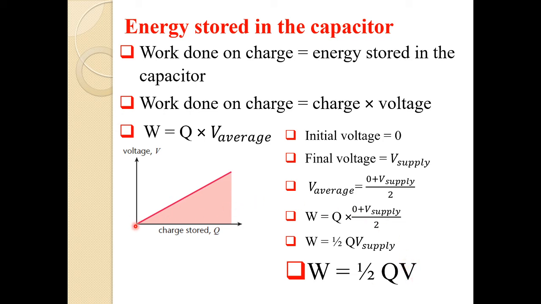It is initially 0 and finally comes to a max value, the supply voltage. So it becomes average: 0 plus V supply divided by 2 is V supply divided by 2, as the initial value is 0. So the relationship we get for the energy stored in the capacitor is half QV.